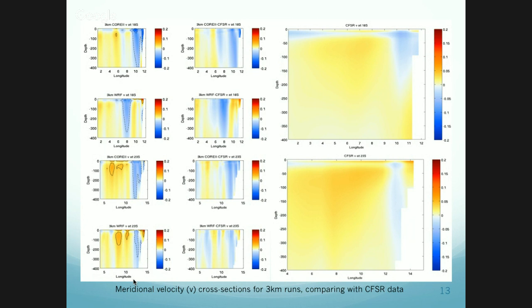Westward? You mean this is the V velocity? No, I mean this feature. Oh, the feature moves westward. Okay. I haven't looked into the details of this, but I may do something in the future. Does it mean away from the coast? Away from the coast, yeah.